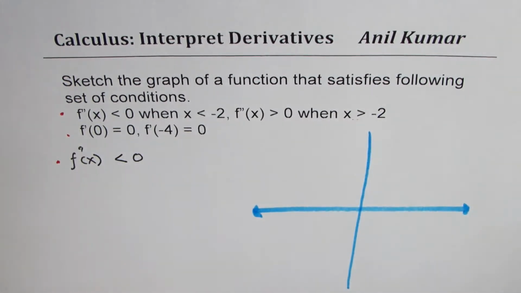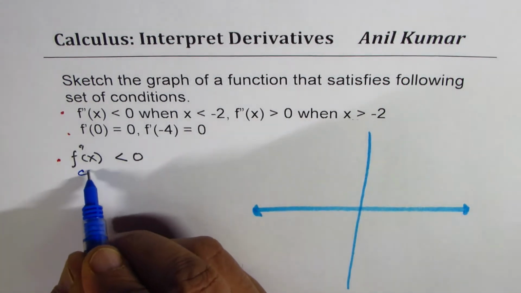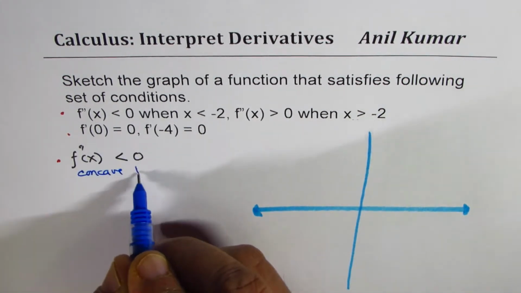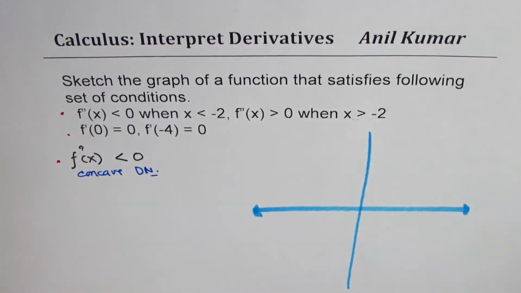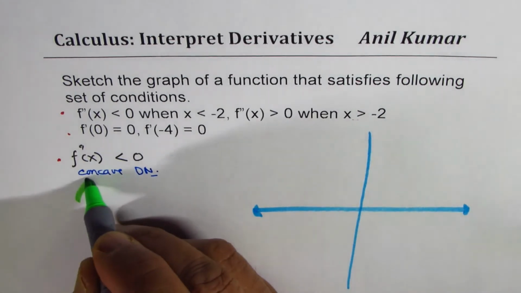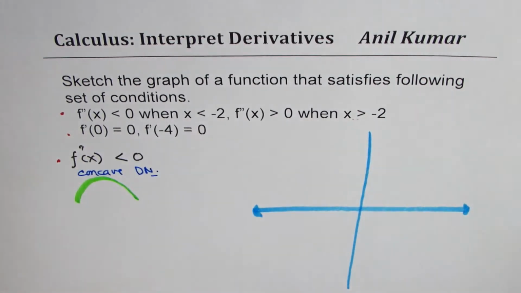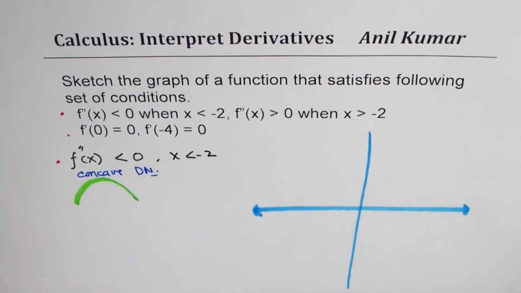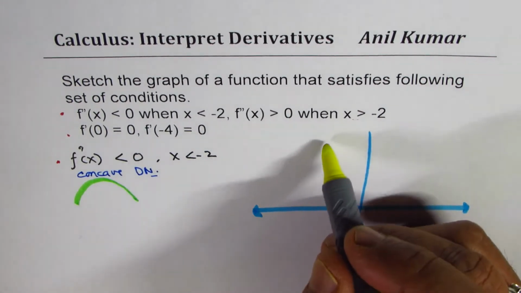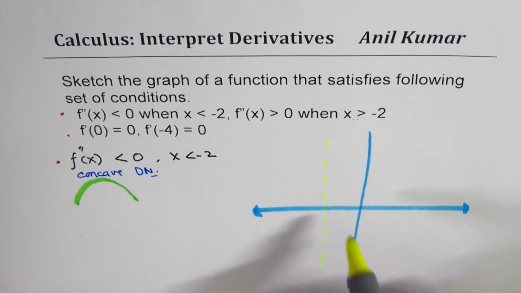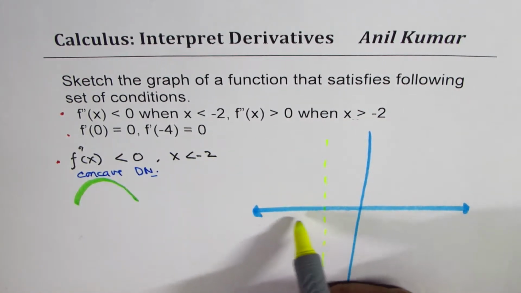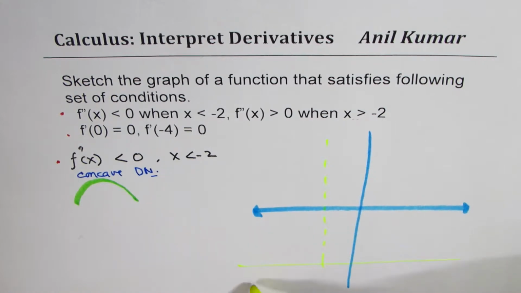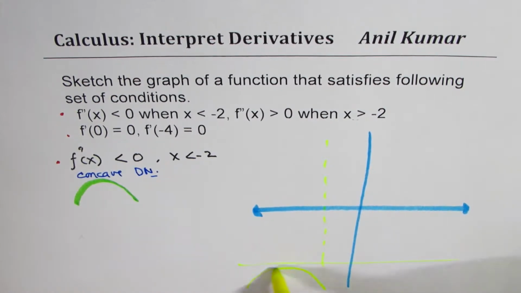That really means it is concave down, right? Concave down. Is it okay? Concave down means like this. That is the curvature when x is less than minus 2. So let's say this is minus 2 for us, right? So in this half, it is concave down. Let me make a rough sketch here. It's kind of like this in this half.